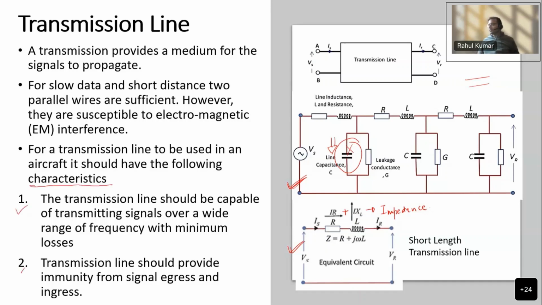The first characteristic is your transmission line should be able to transmit signal over a wide range of frequency with minimum losses. To reduce transmission loss, sometimes gold or silver plated wires are also used, because gold and silver are among the best conductors of electricity.